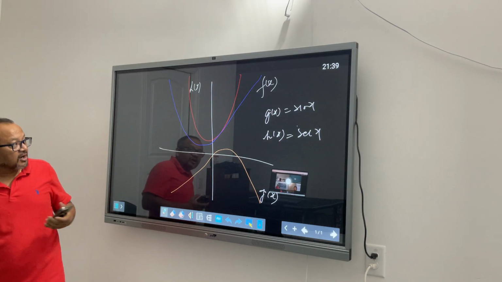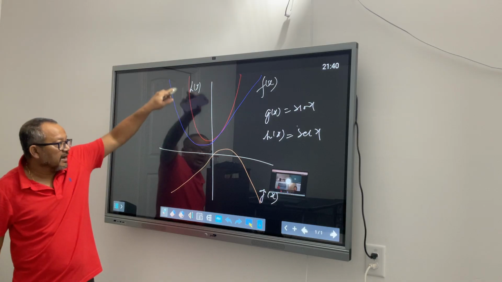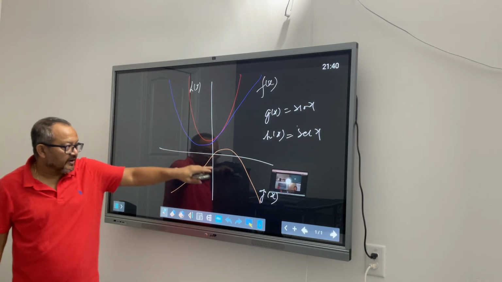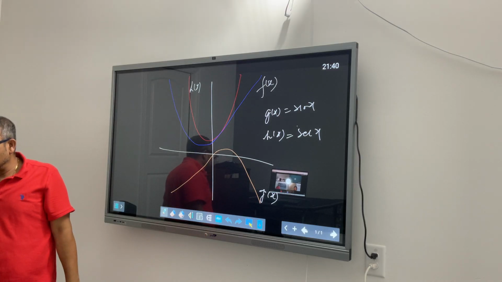So somebody is trying to find the limit for f of x, the blue one, using g of x and h of x, which are sine of x and sec of x respectively.